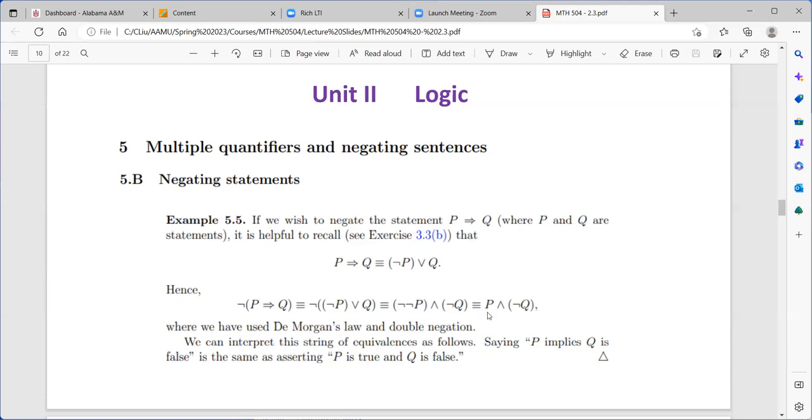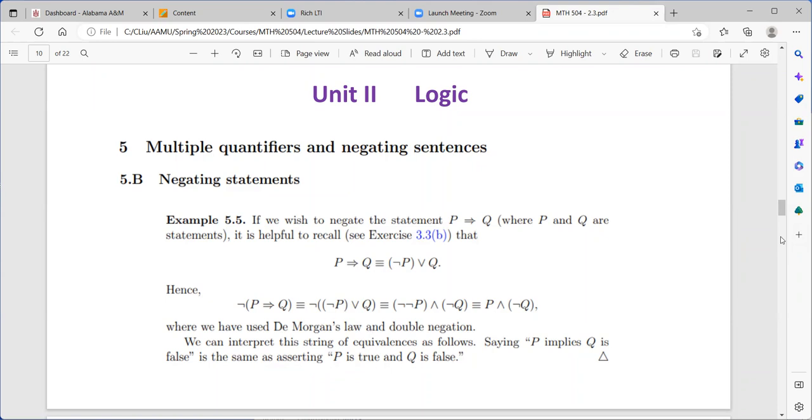What happens if the right-hand side is true? It has to be P true and Q false. So in other words, P implies Q is false is the same as P is true and Q is false, right? Because the conditional statement is false only when P is true and Q is false. So exactly what it means by this conditional statement, isn't it?